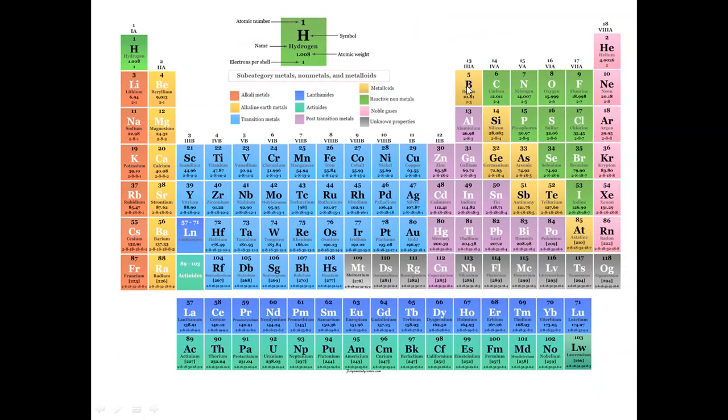These elements which are painted, I think orange here, are called the metalloids or the semi-metals. They are called semi-metals or metalloids because they have both metallic and non-metallic properties. So whilst metals form a plus charge, non-metals form a minus charge. And these elements have both metallic and non-metallic properties.